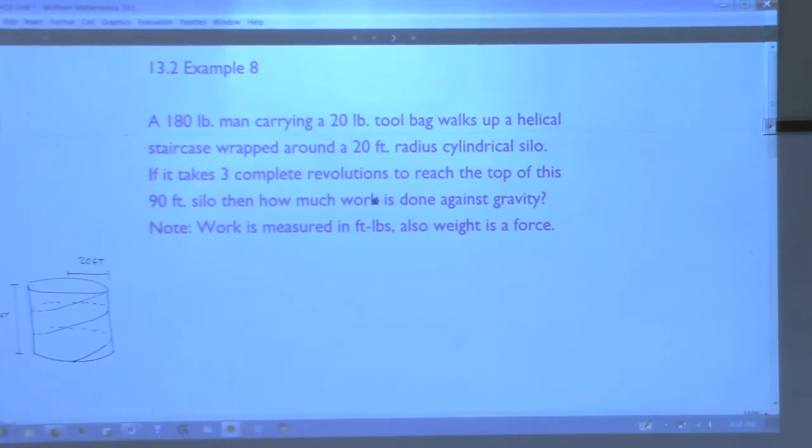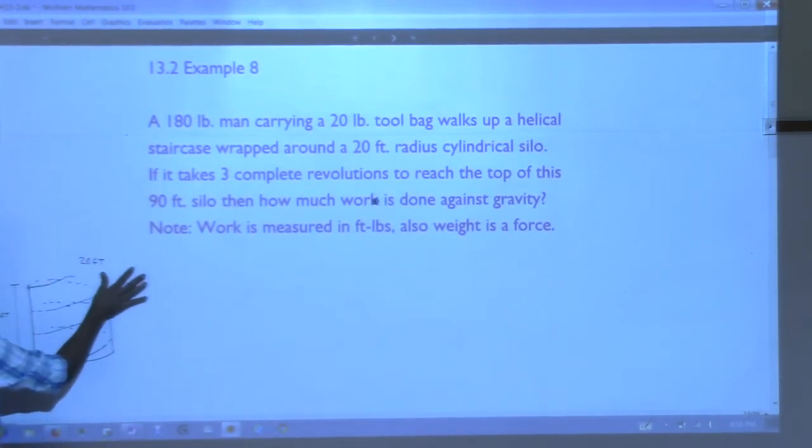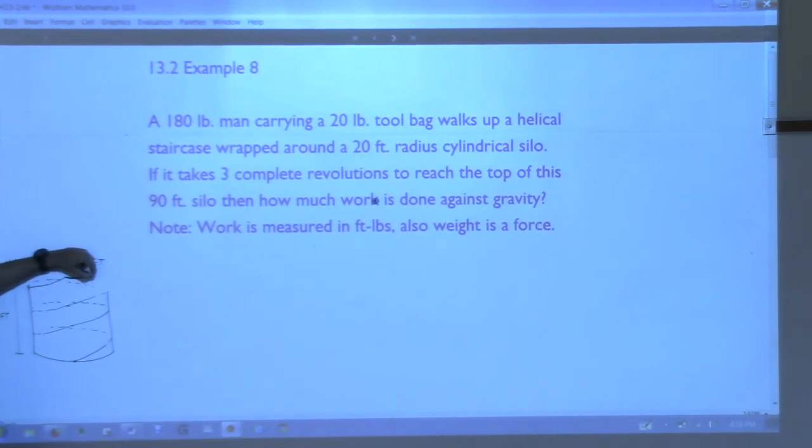Did I do that right? He went around. There's 1 revolution right there. 2, not quite. Sorry, I didn't draw this properly. He's going to come around again. Raise this up, and come around again. Right there. That's going to be the top. See that? Okay.